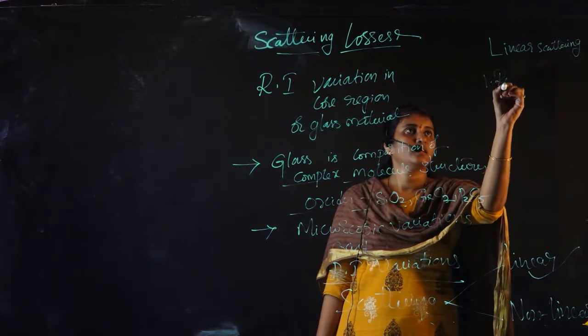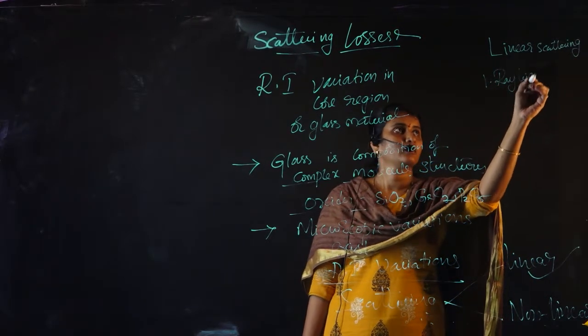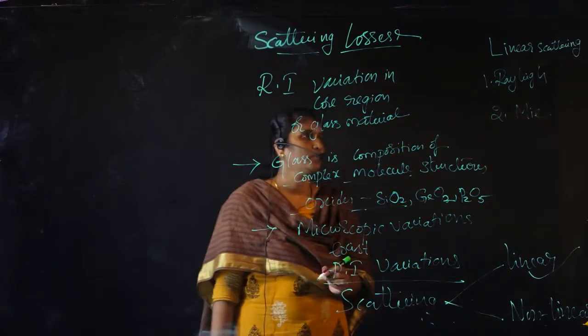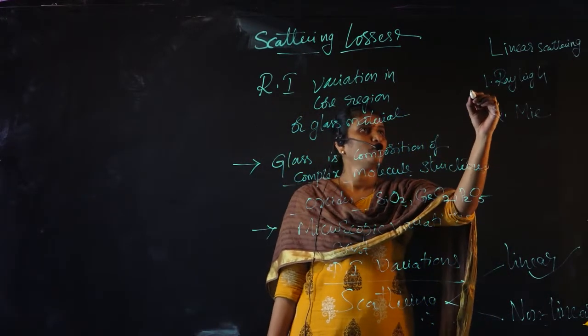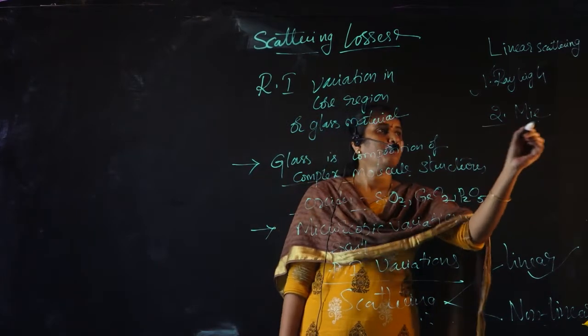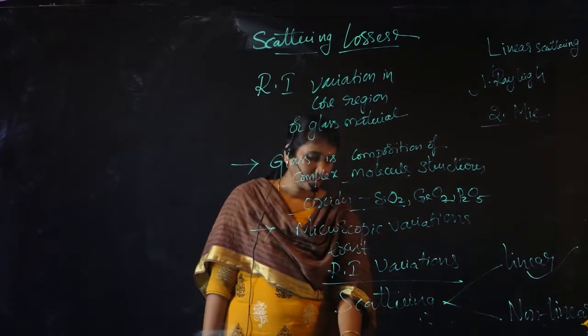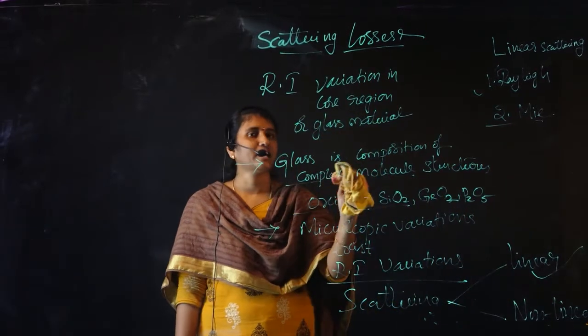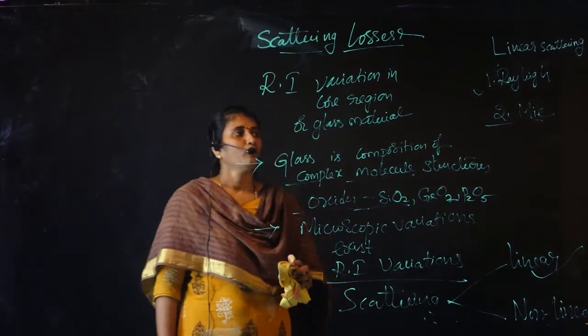One is Rayleigh scattering, second one is Mie scattering. Mostly in optical fibers we will see Rayleigh scattering, whereas Mie scattering is also observed in less amount. We will see now what is Rayleigh scattering and what is Mie scattering.